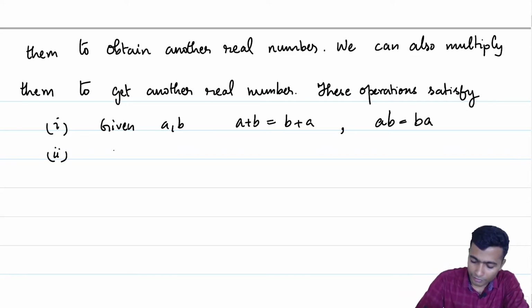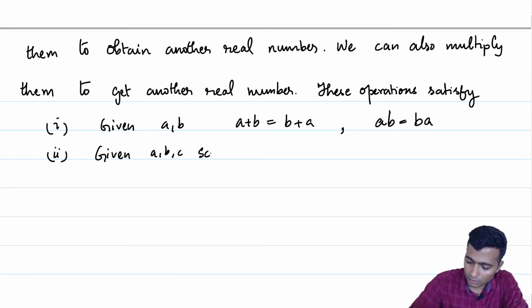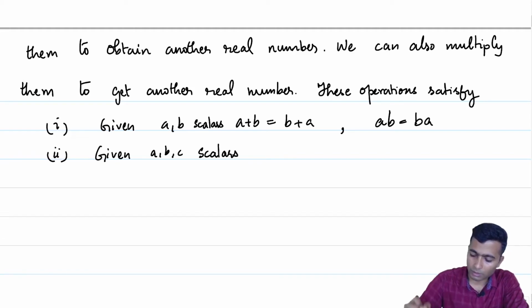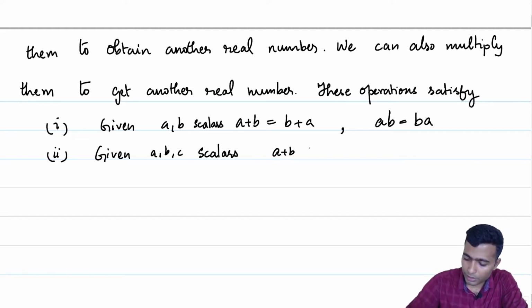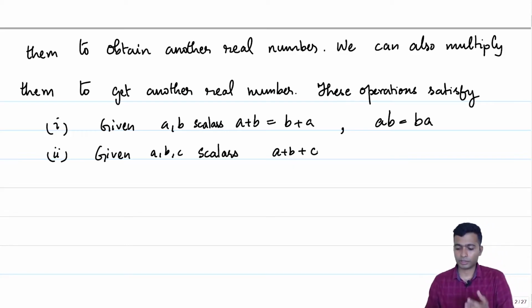Another property that we are familiar with is that if we take 3 scalars, say a, b, c, let us look at a plus b plus c. Now the question arises about whether a plus b is added first or whether b plus c is added first and then added to the other.